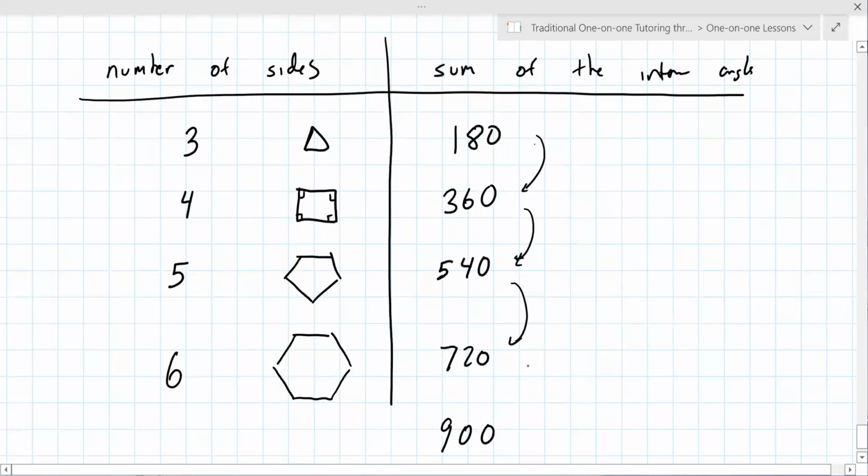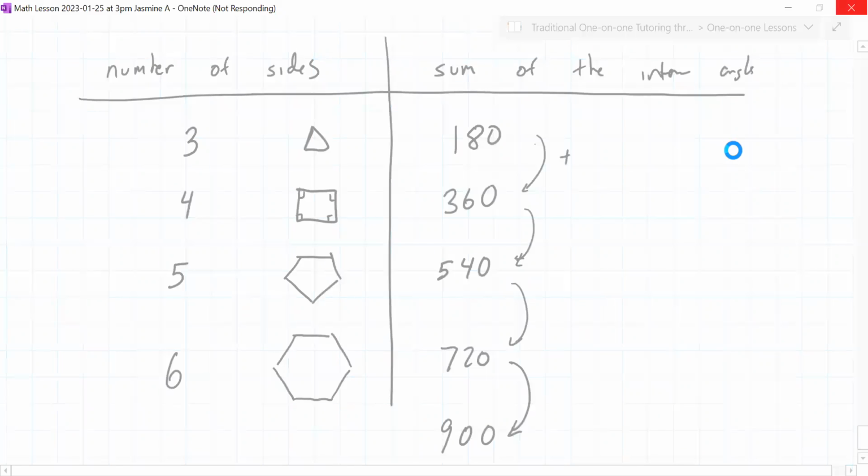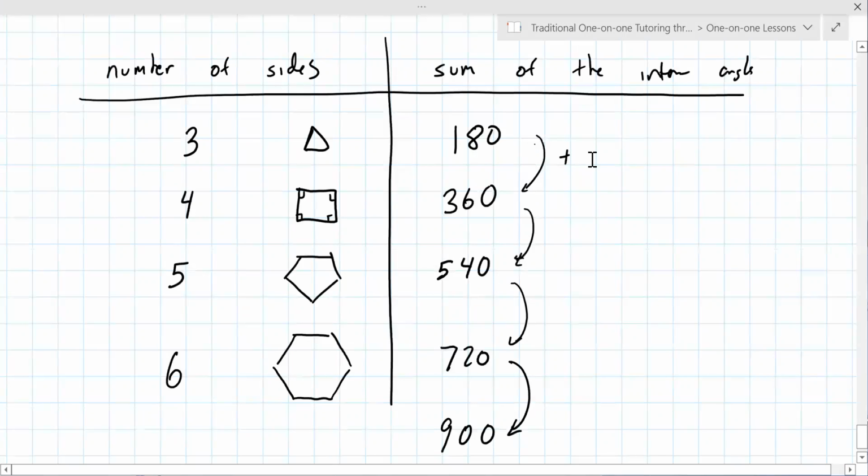What am I adding each time? How do I go from 180 to 360? You're adding angles, true, but what number am I adding to get to the next number? What is 360 minus 180?